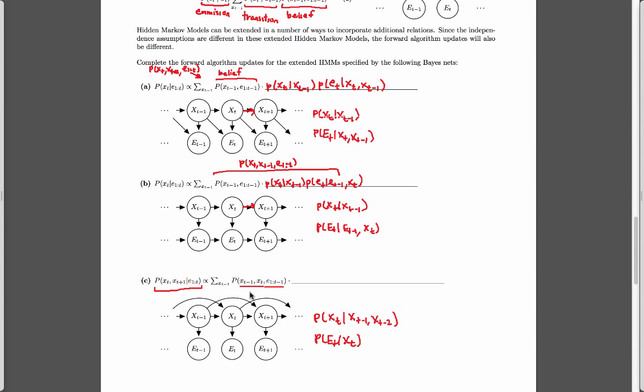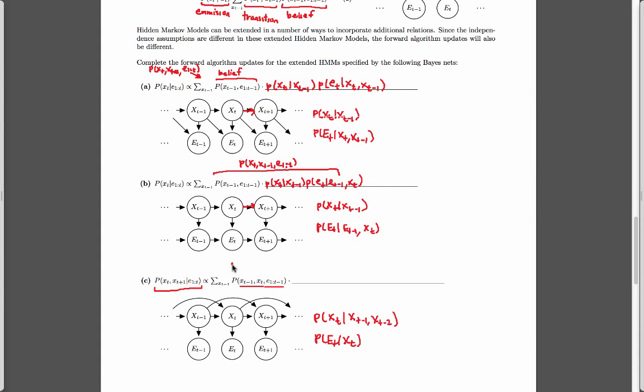So now what we want to do is figure out what this value inside the sum should be equal to. We want to be able to get to this right here, after we have marginalized out xt minus 1.